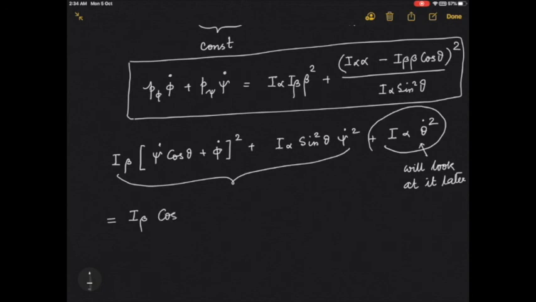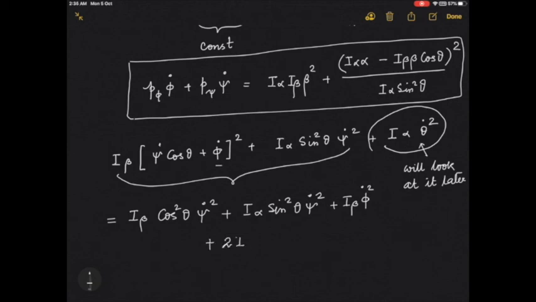It is I beta cos square theta psi dot square plus I alpha sine square theta psi dot square plus I beta phi dot square, which is coming from that term, plus 2 I beta cos theta psi dot phi dot, right?